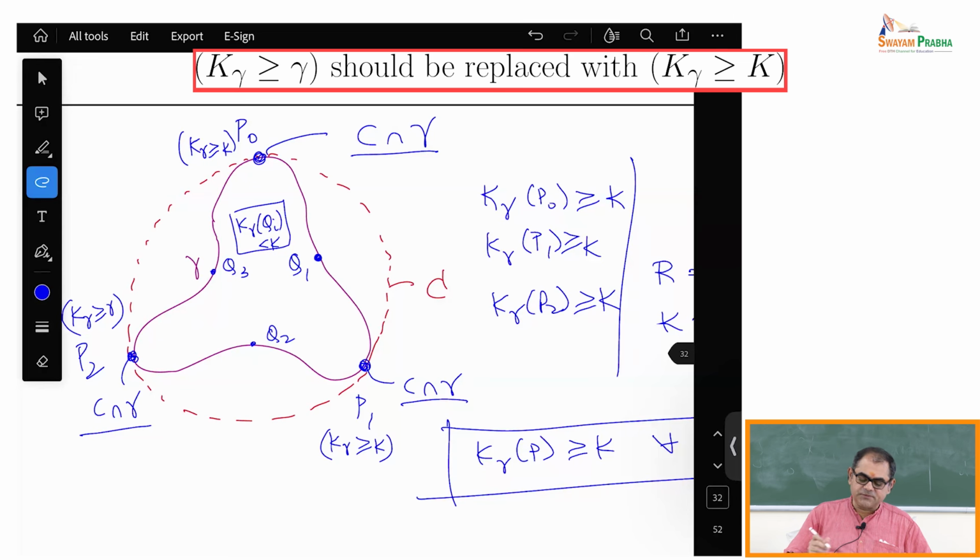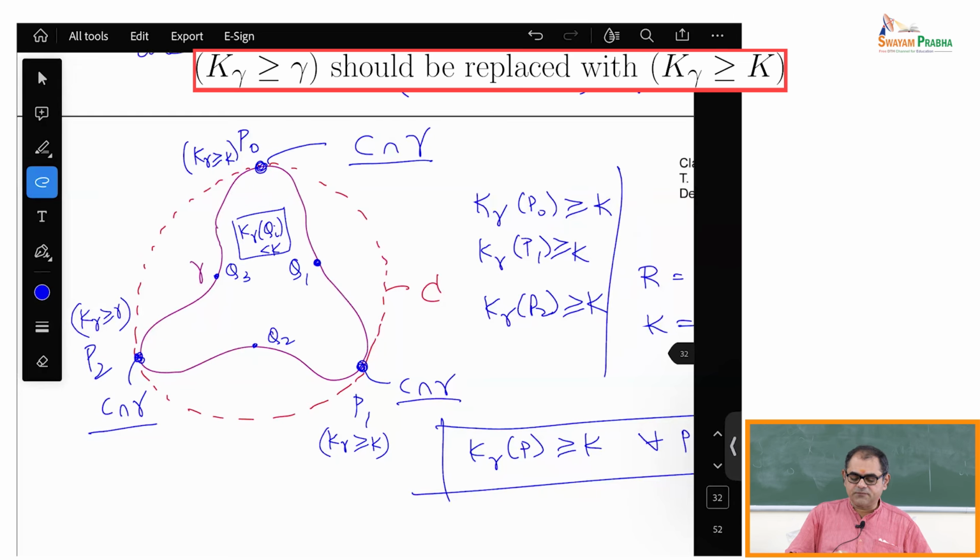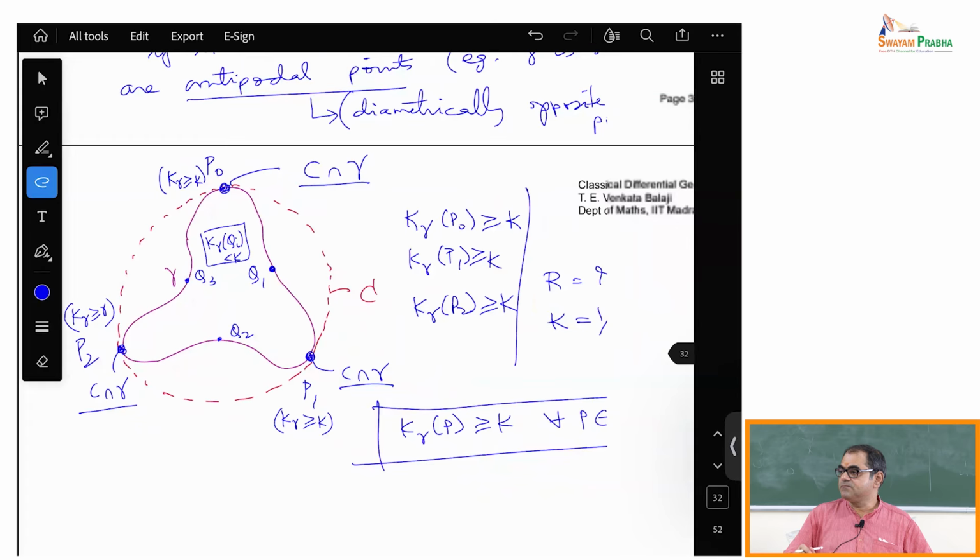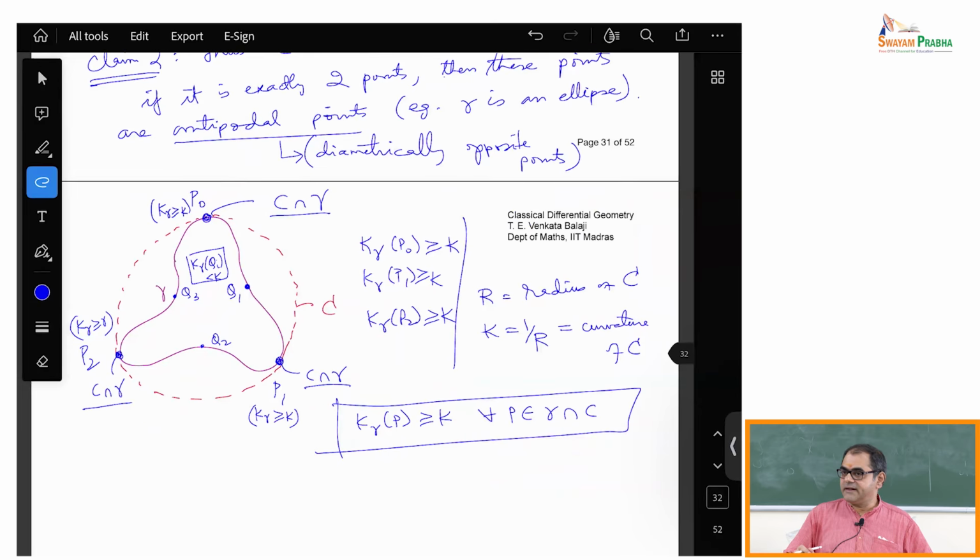This is kind of geometrically obvious, but needs a geometric proof to be written down correctly, which we will do.